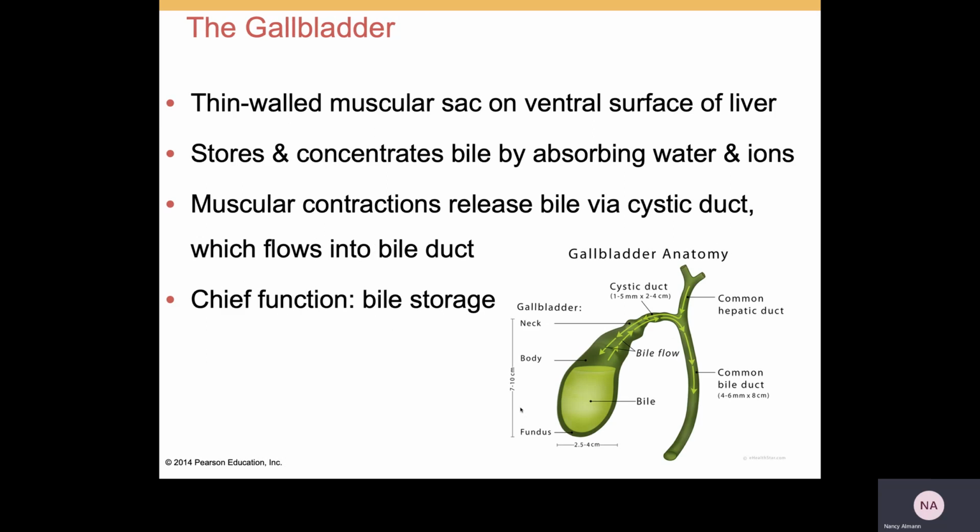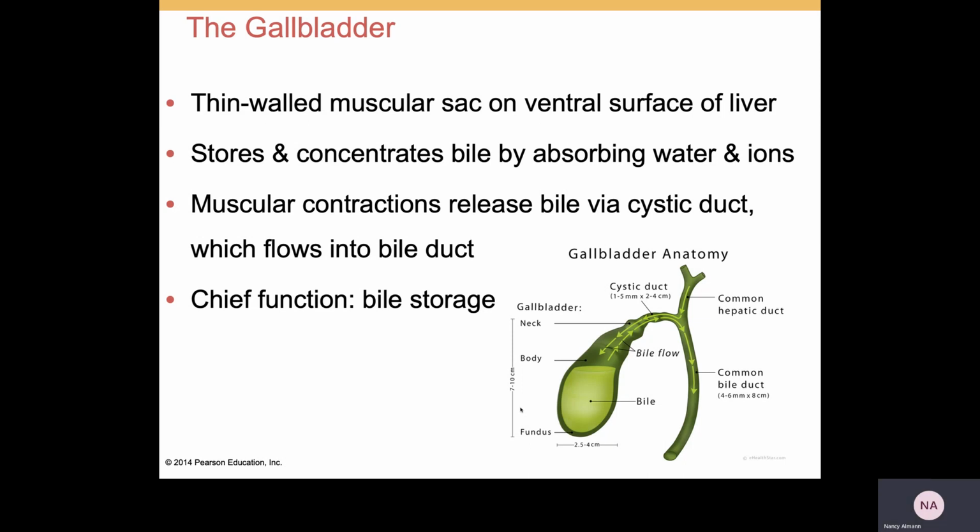The gallbladder is important too, although you can live without one. It's pretty thin-walled. It is a muscular sac. It is on the ventral surface of the liver. It is going to store and concentrate bile by absorbing water and ions. You will have muscular contractions to release bile through the cystic duct.